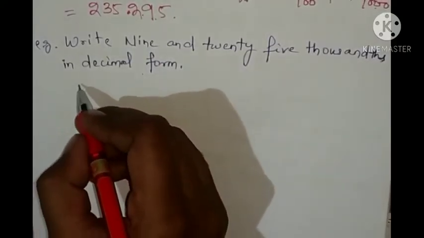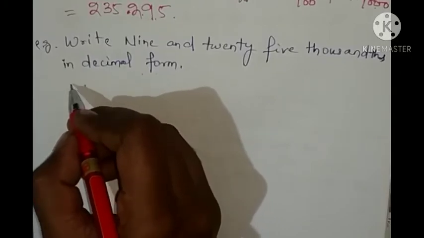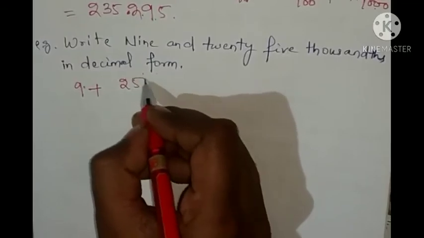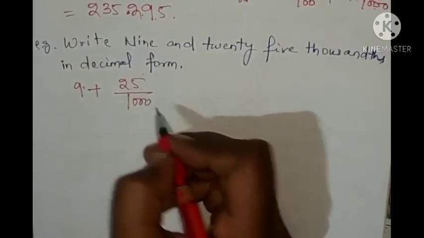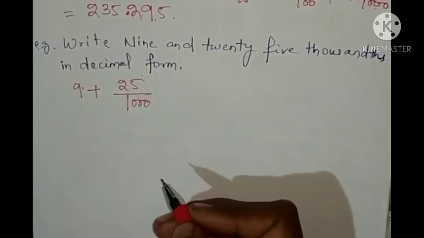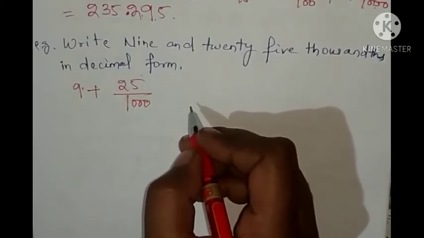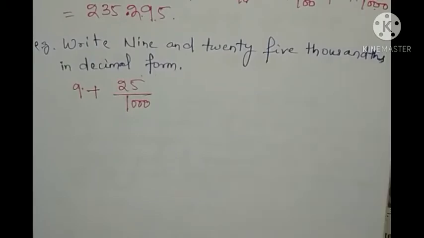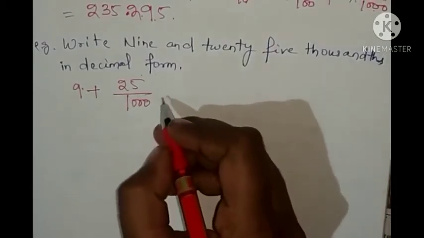What you will write? 9 and 25 by 1000. Okay, so this is 9 and 25 by 1000. So now we will make it into separate form, means place value.